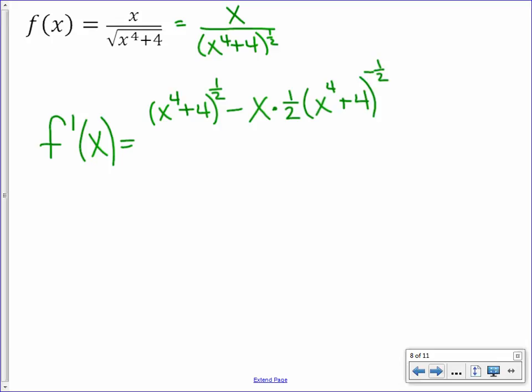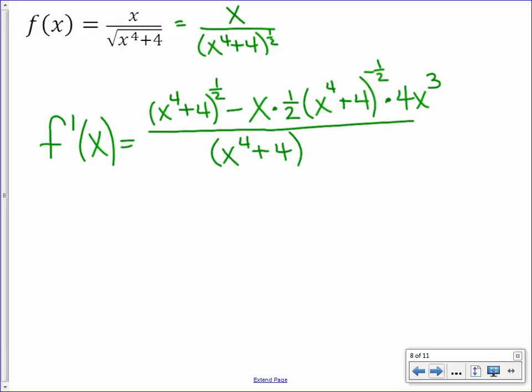So there's the power rule times the derivative of the inside. So the derivative of the inside is 4x cubed. Okay? So that's high d low all over low squared. Do that. Right?